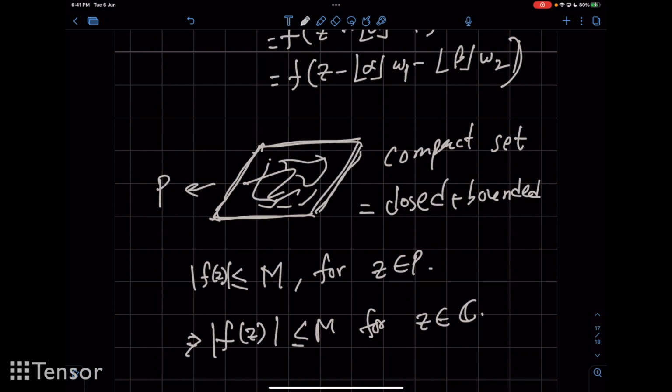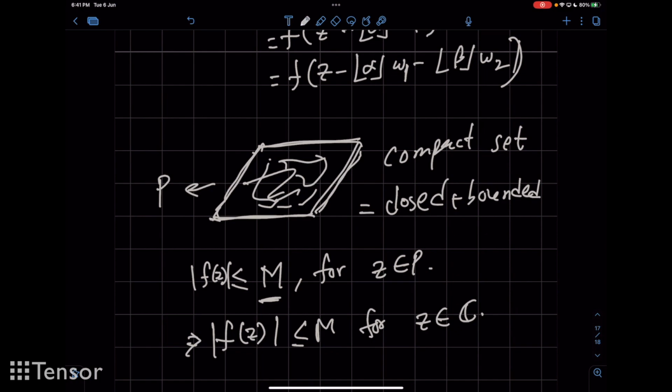A continuous function on a compact domain is bounded, so M is the bound. We get that f is bounded, and f is defined on the whole complex plane. So by Liouville's theorem, f is a constant function.